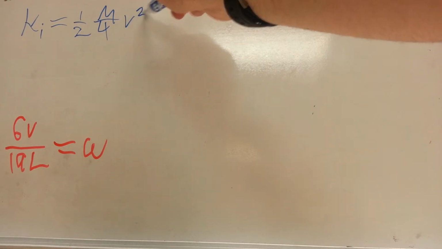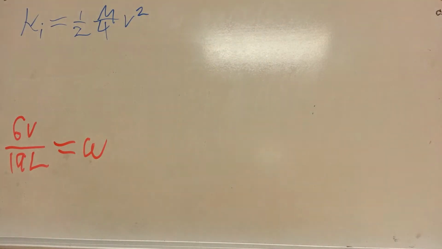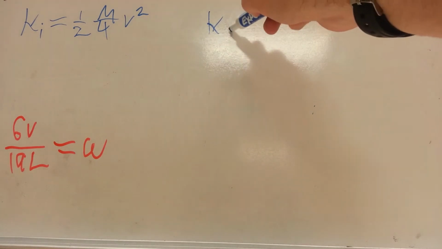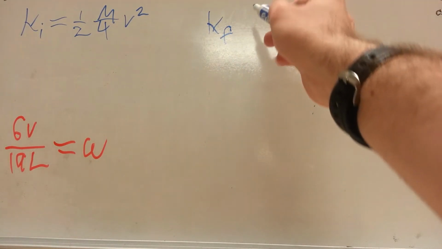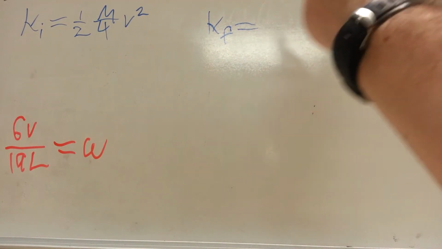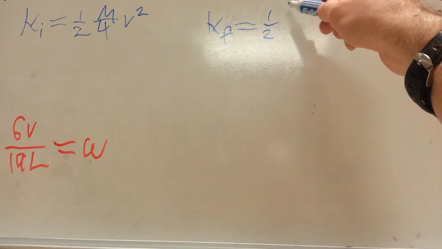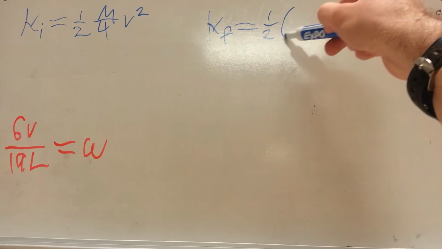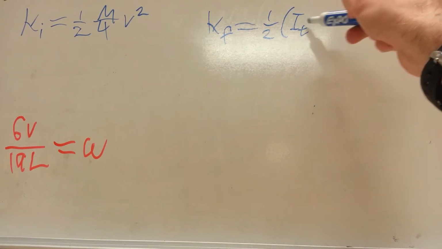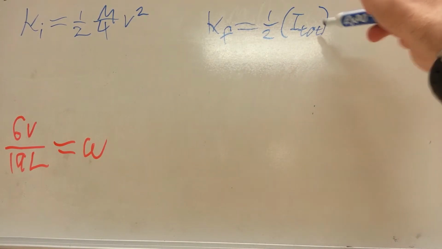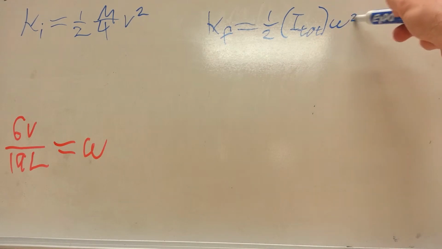Times V squared. Okay, Kf, it's a little more interesting because now it's angular, right? It's 1/2 I total. I'll write it down in steps, less confusing. I total omega squared.